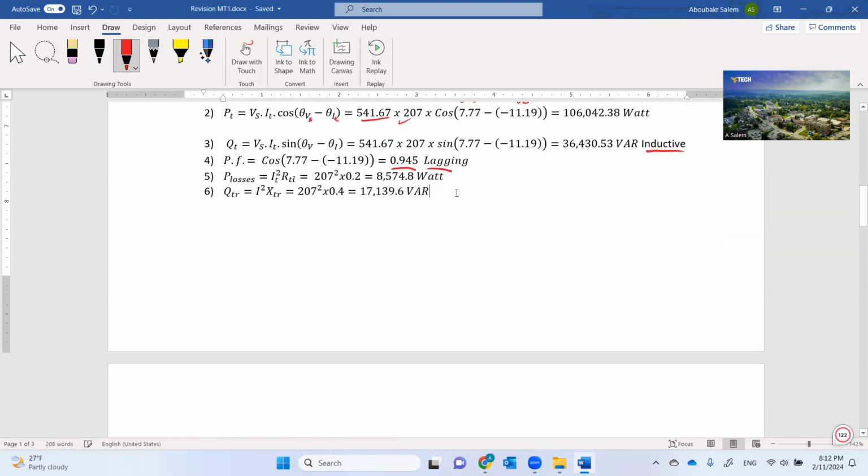So we can say here S equals the voltage magnitude times I conjugate.